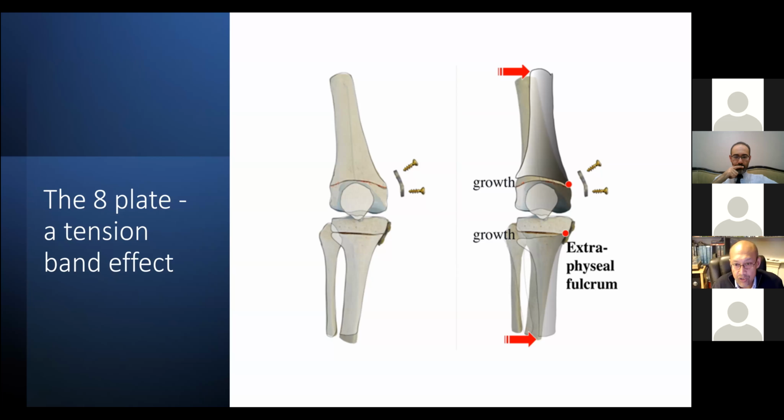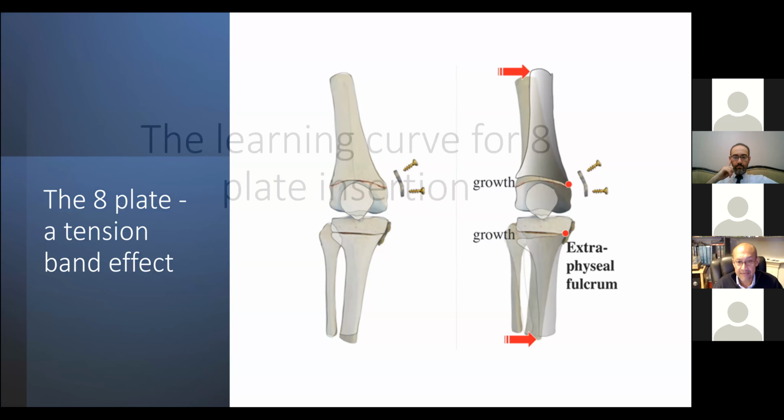By putting a non-rigid device on one side of the physis, and this is the key, it was able to influence growth without fatigue fracture. Because the device was flexible, it allowed some separation or distortion of the implant as growth occurred, but the growth was much slower than on the opposite side, and so created a hemiepiphysiodesis effect.